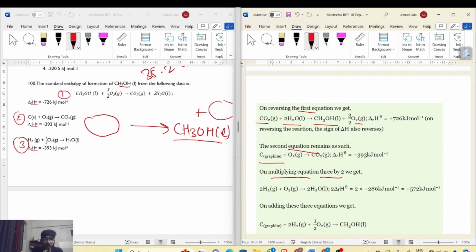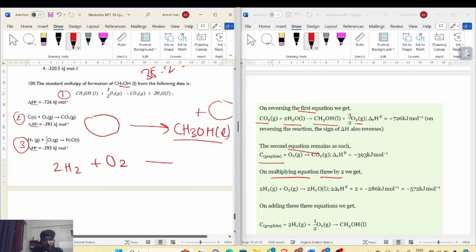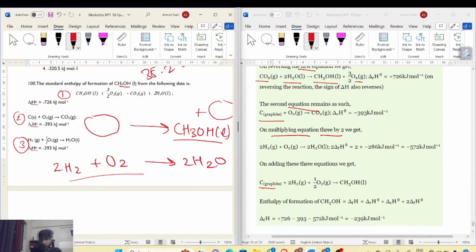Now we are multiplying equation number 3 by 2. When we multiply equation number 3 by 2, we will get 2 times H2O: 1 mole of oxygen gives 2 moles of H2O. So on adding all three equations, what will we get?